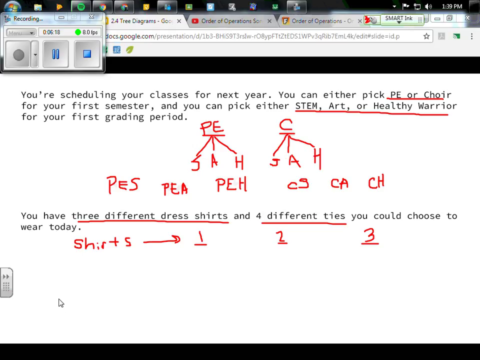Now for my ties, once again, we don't know the difference in our ties, so you can just number them. Tie 1, tie 2, tie 3, and tie 4.